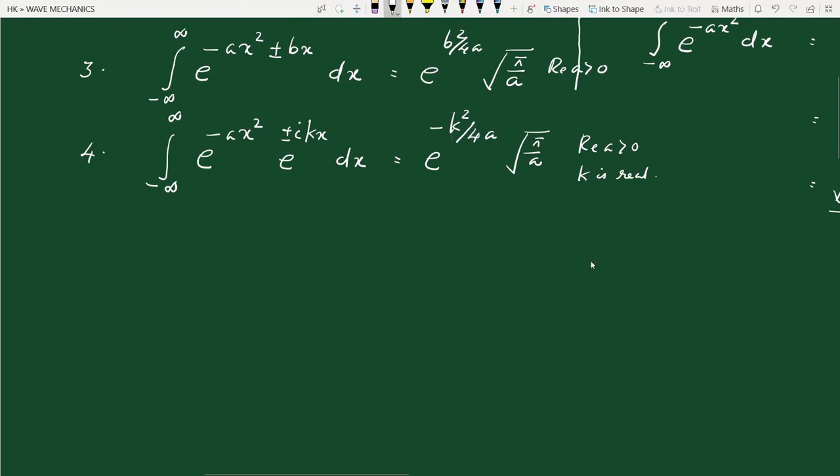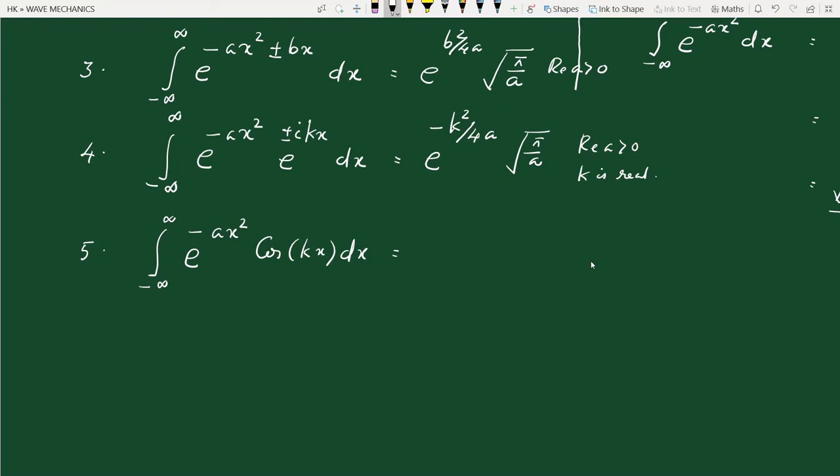And as an addition to this integral, this result is also important. You have this Gaussian integral. Suppose you multiply with cos kx and integrate. Immediately there is a technique here.